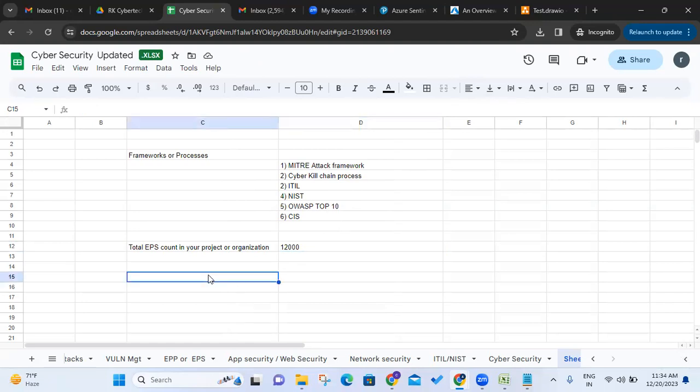Next one is retention policy. So what is the retention policy you are following in your organization? We discussed this topic already.